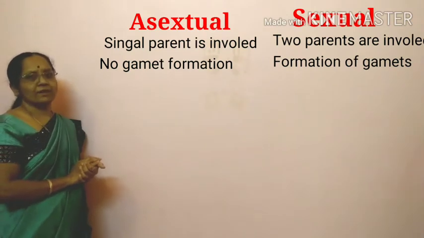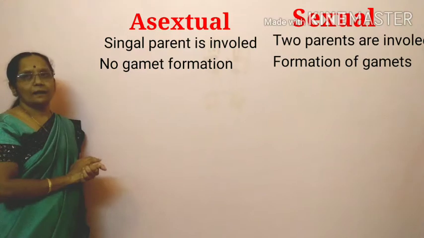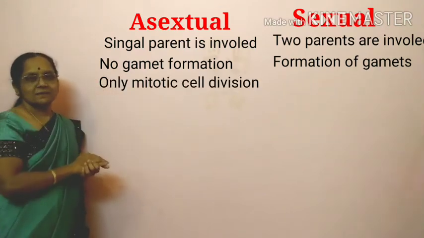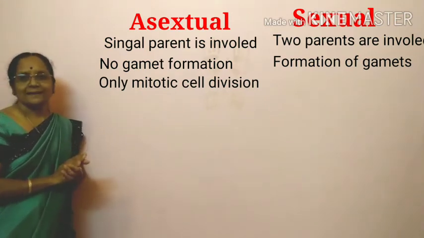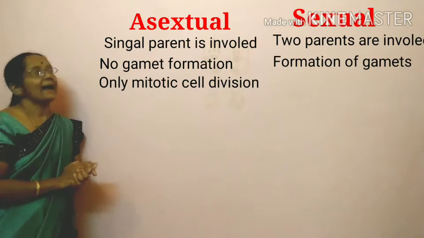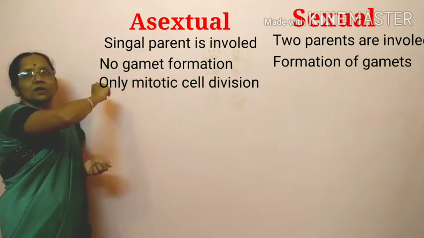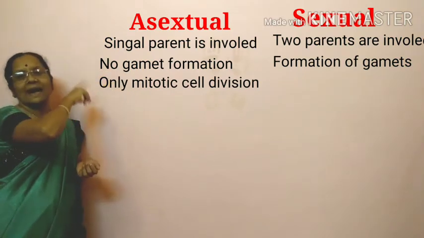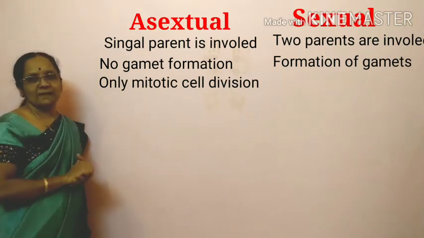The third difference is that in asexual reproduction, only mitosis takes place, means only mitotic cell division takes place. And in sexual reproduction, first the meiosis process and then the mitosis process takes place.